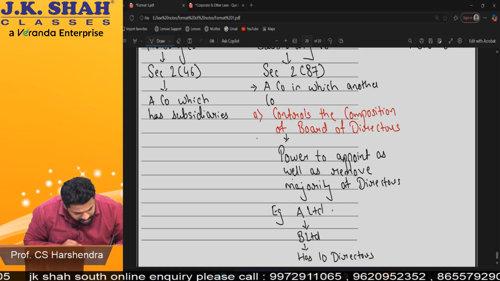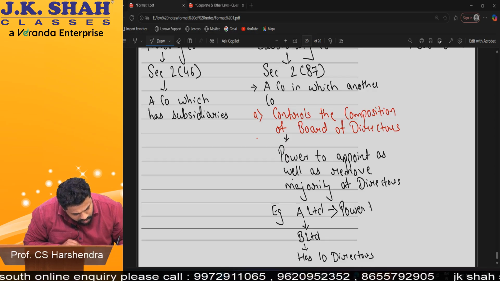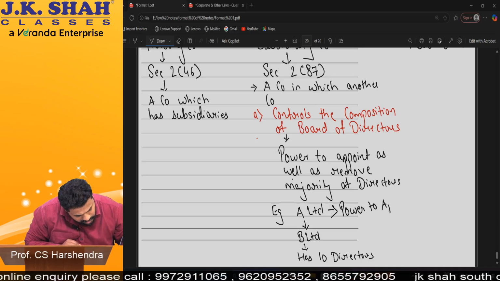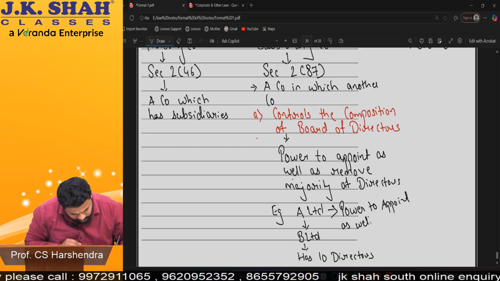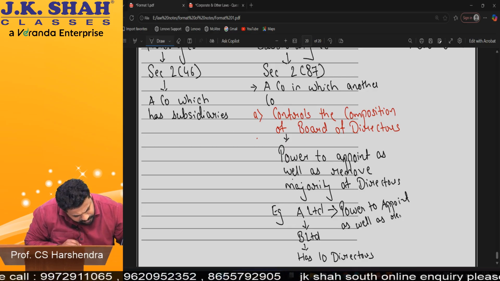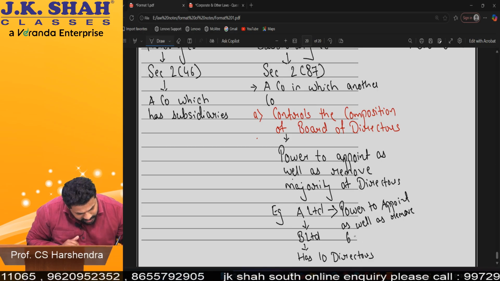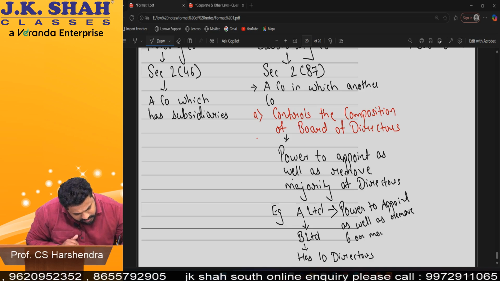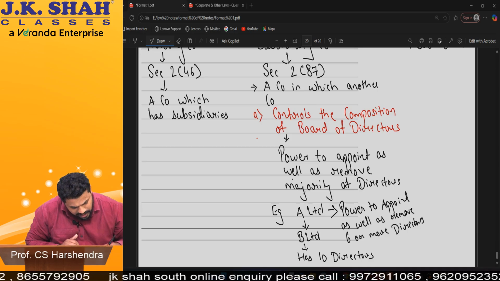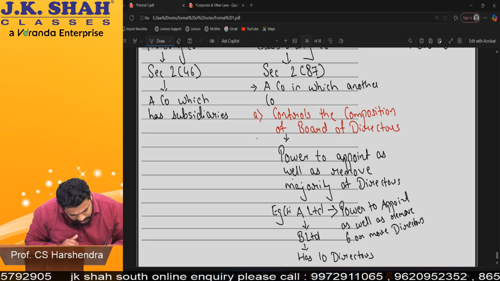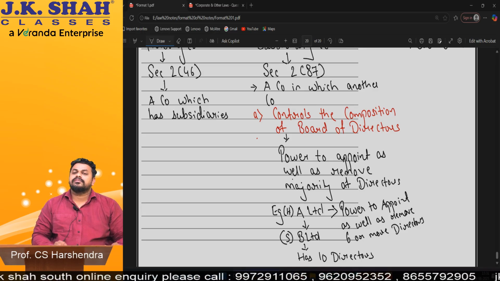Now if A limited has the power to appoint as well as remove how many directors in this case? 6 or more directors. Then A limited becomes the holding company and B limited becomes the subsidiary company. Am I clear with this?